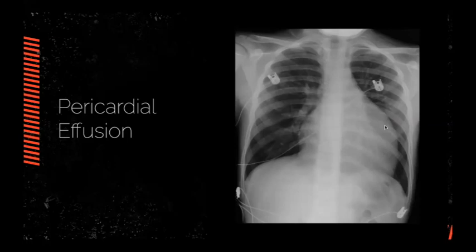Why the border is very sharp in pericardial effusion is because in a normal patient without any effusion, the heart is moving and beating. But in pericardial effusion, yes, the heart is still beating, but the pericardium stays still. So there is less motion artifact, and in the end, when we do a radiograph, the border will be very sharp.